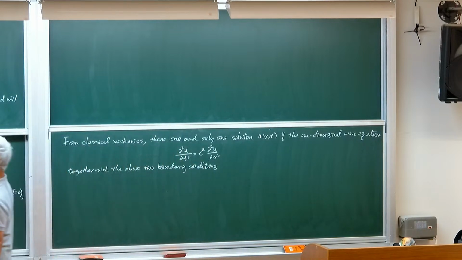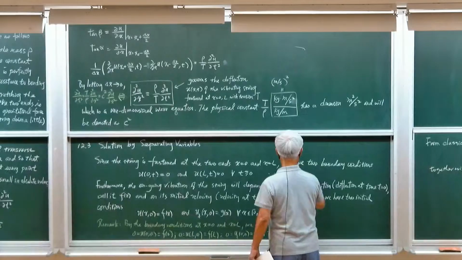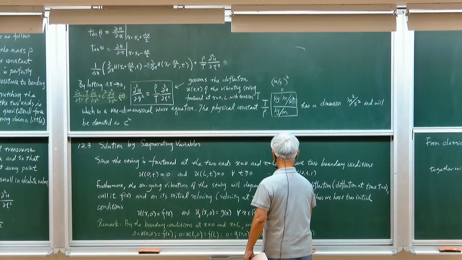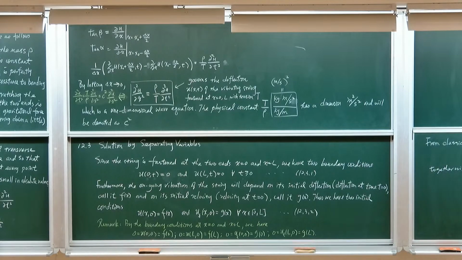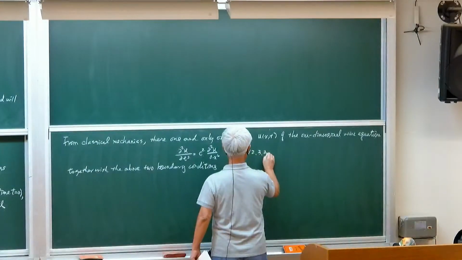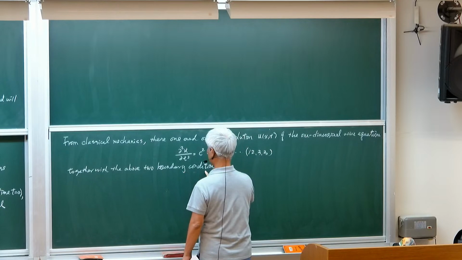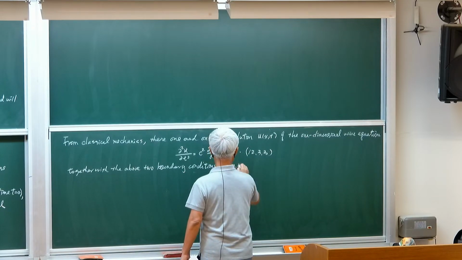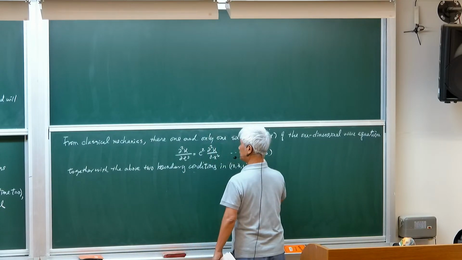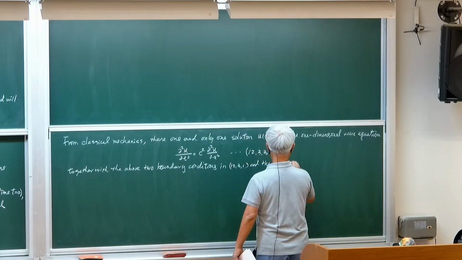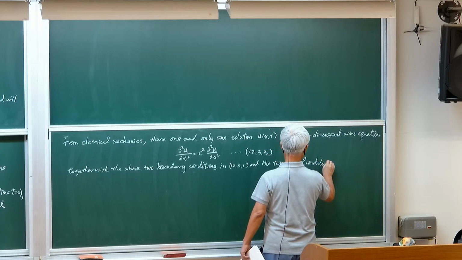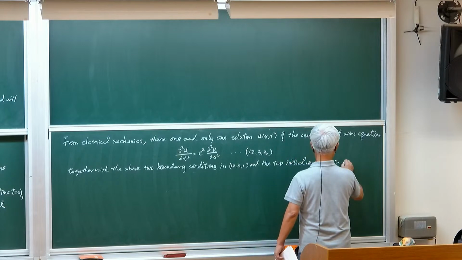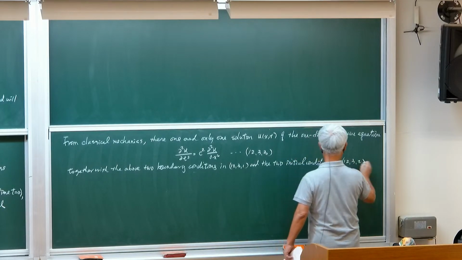So let's say this is equation 12.3.1, this is 12.3.2, and now is 12.3.3. So the two boundary conditions are in 12.3.1 and the two initial conditions are in 12.3.2.